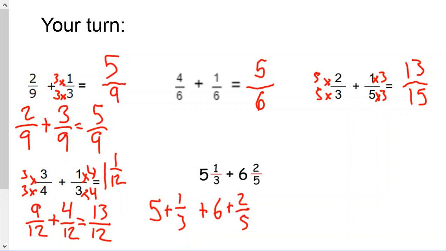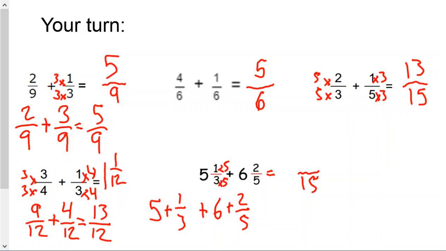And again, we do not have common denominators, so we need to create them. So 3 and 5, I know they both go into 15. So I will use 15 as my new denominator. Okay, so now how do I get to 15? I multiply this by 5 and the numerator by 5.